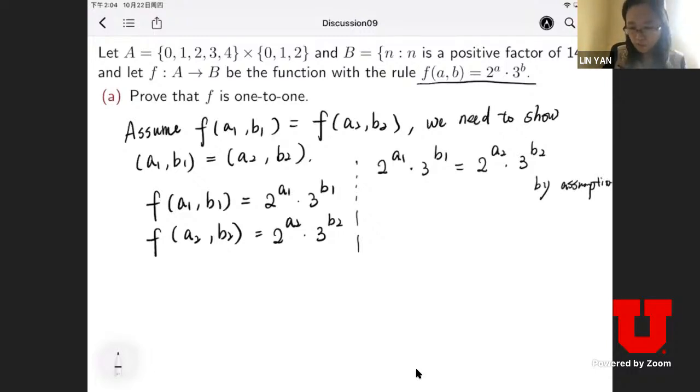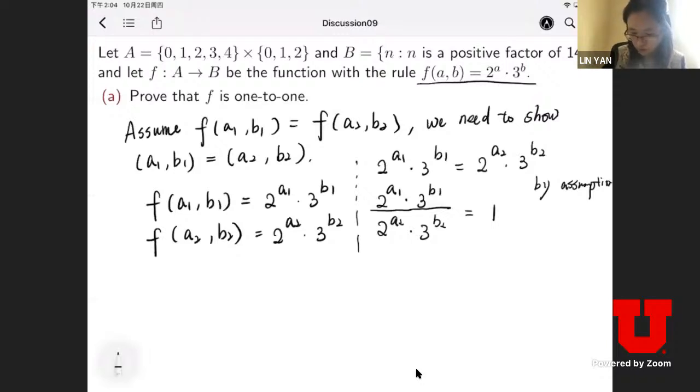Then we need to do some algebra on these expressions. We can move the right-hand side to the left, and we get 1 on the right-hand side.